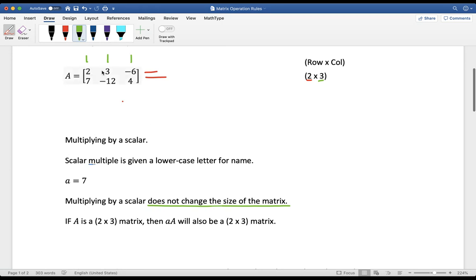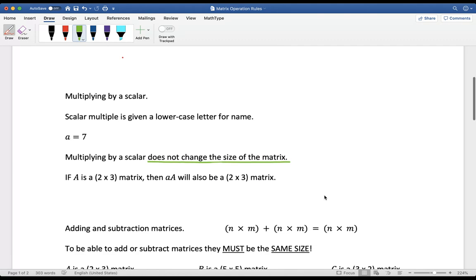All that's going to do is raise all of these by a factor of 7. So this would become a 14, a 21, a negative 42, a 49, negative 84, and 28. But it'd still be a 2 by 3 matrix. So multiplying by a scalar does not change the size of a matrix.